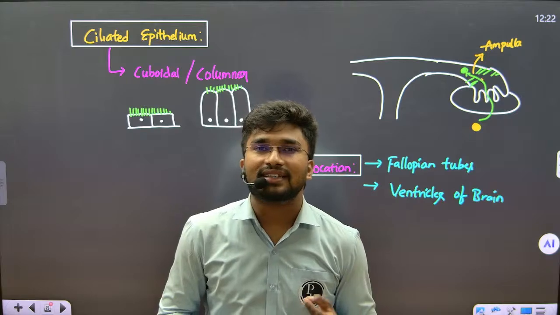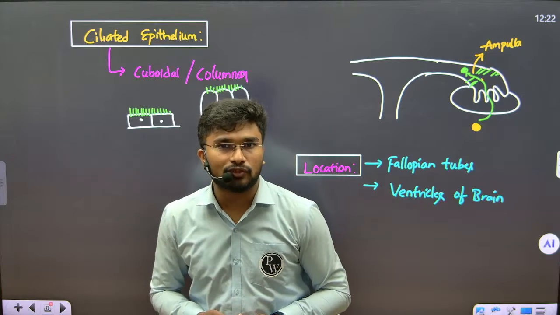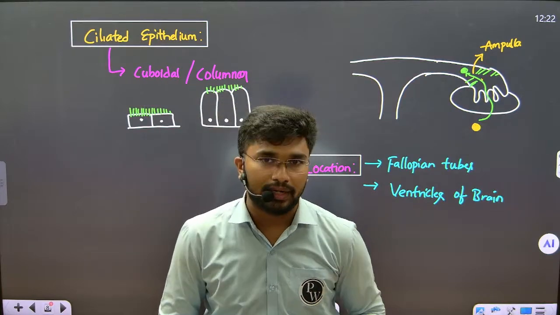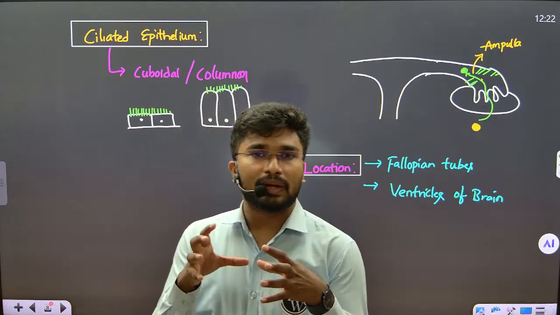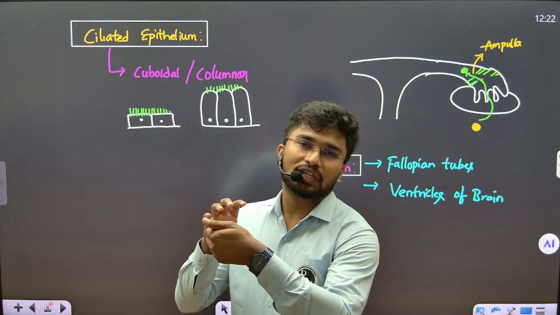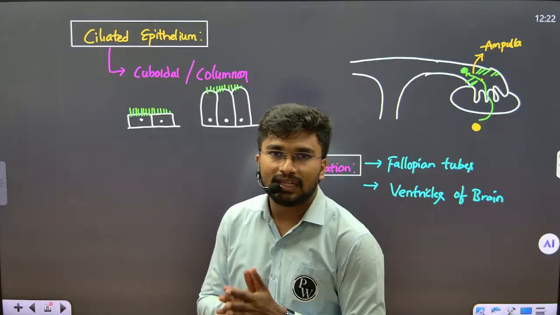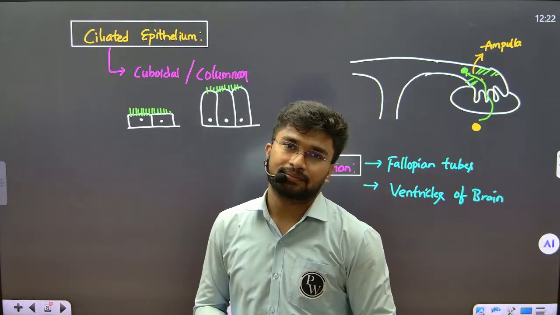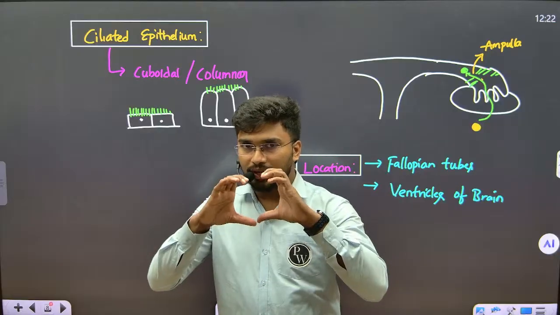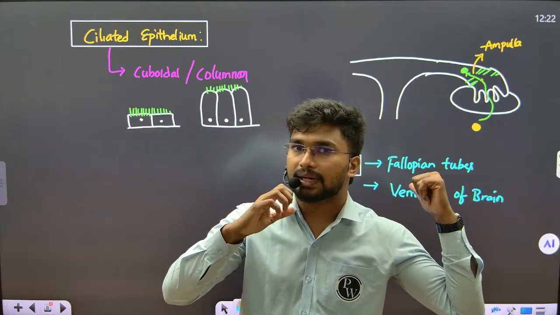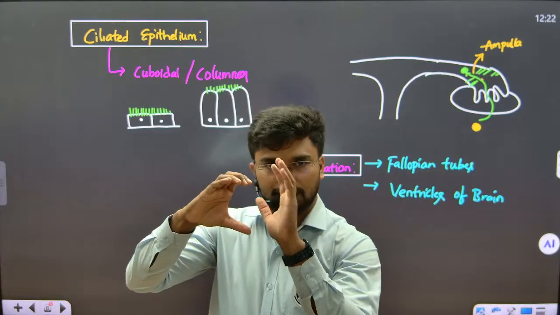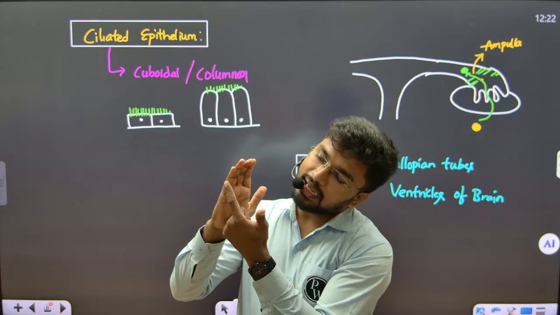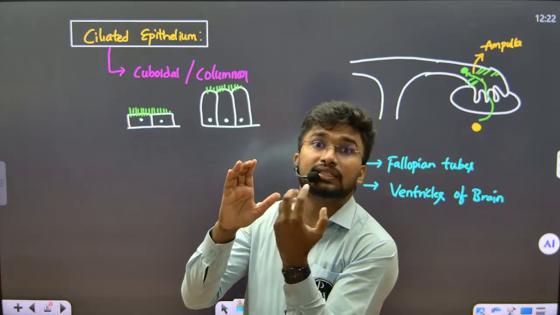That fluid is called CSF. CSF full form is cerebrospinal fluid. The cerebrospinal fluid helps in the transportation of nutrients and materials to the central nervous system. Got it? So that fluid is produced by these ventricles of the brain. Inside that cavity, if you notice, choroid plexuses are there.